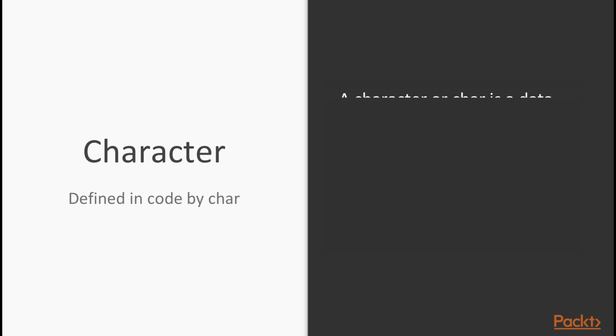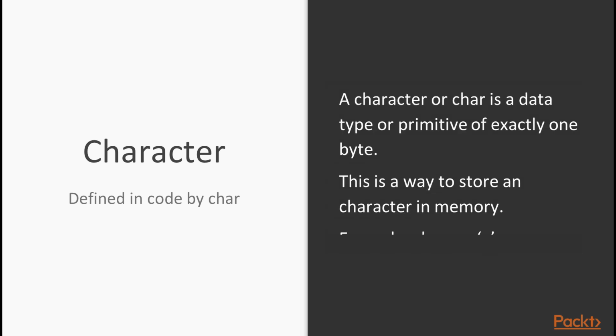As you can see in the example line, char C is equal to A. You're defining a character variable named C of character or char type, and you're setting it equal to the single character of A. A character, or char, is a data type or primitive of exactly 1 byte. It's not much more complex other than that. You can very simply store a single character in memory.